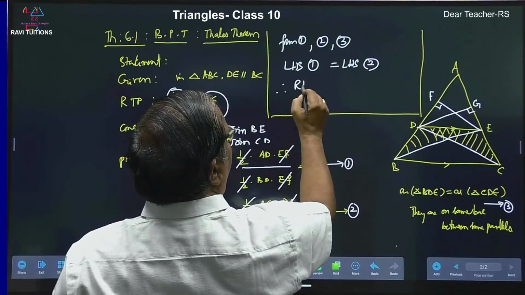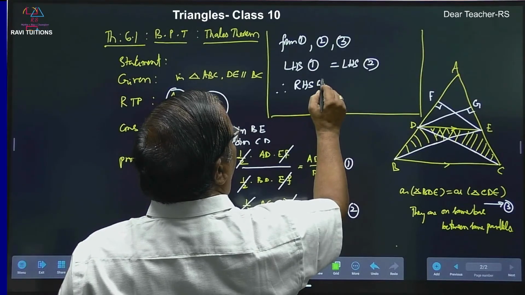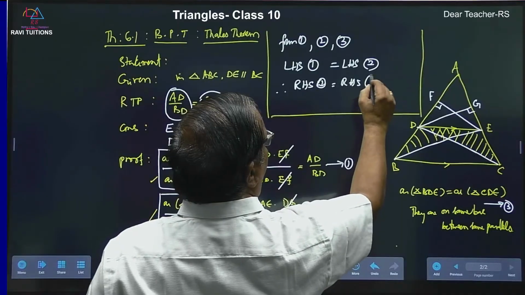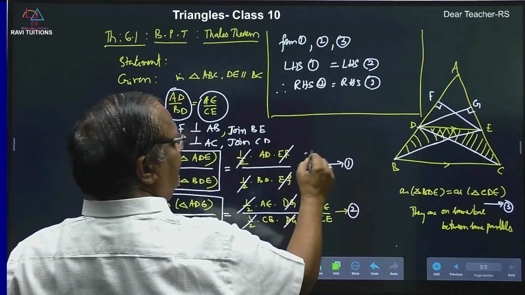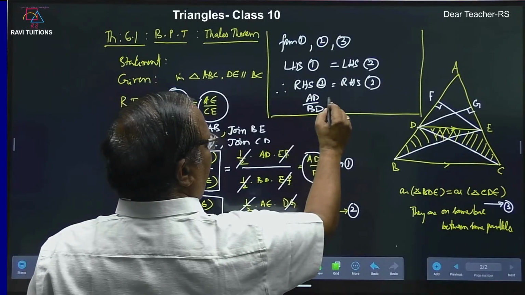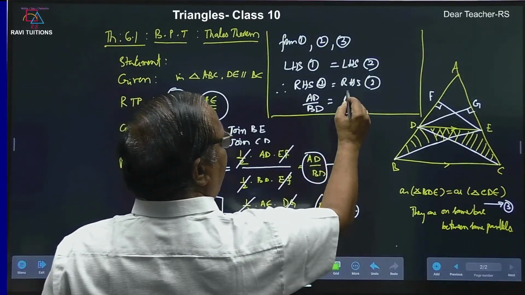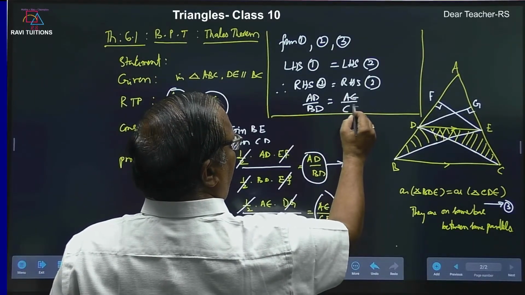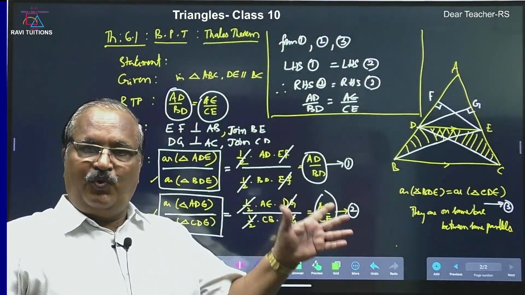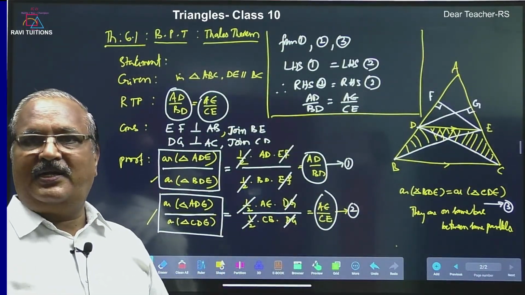Therefore, RHS of 1 is equal to RHS of 2. So RHS is nothing but AD by BD. AD by BD is equal to AE by CE. So this is the proof of the basic proportionality theorem.